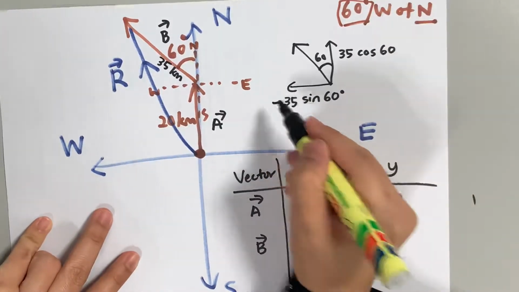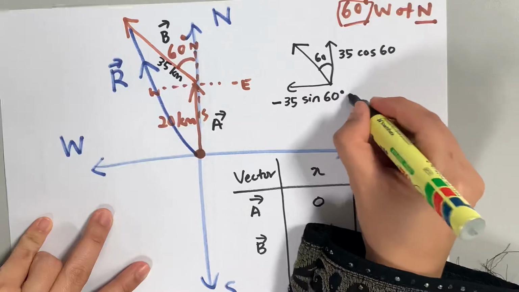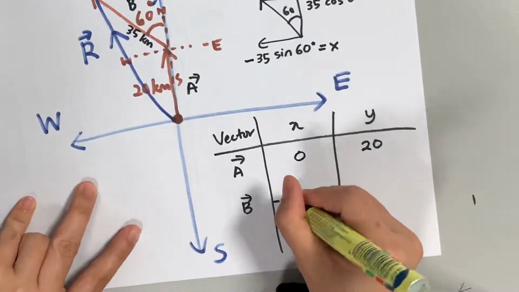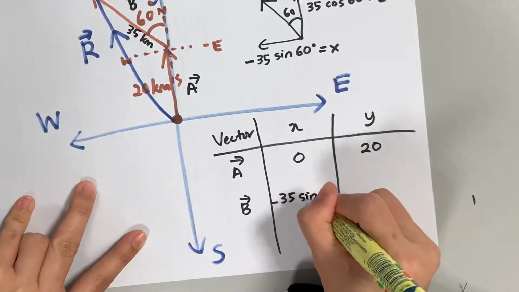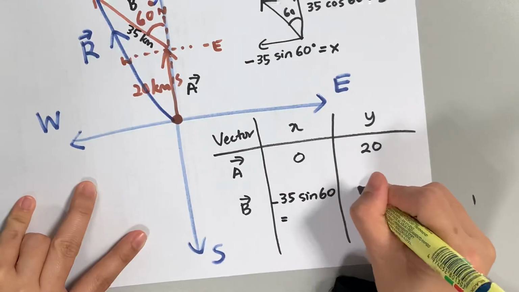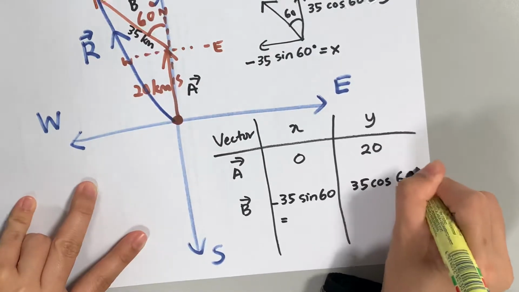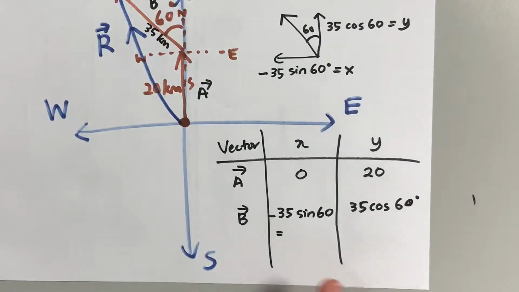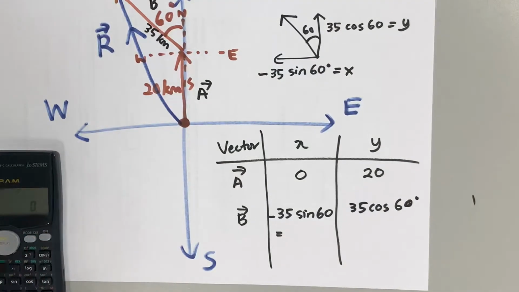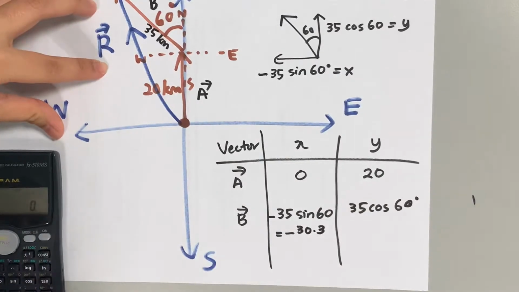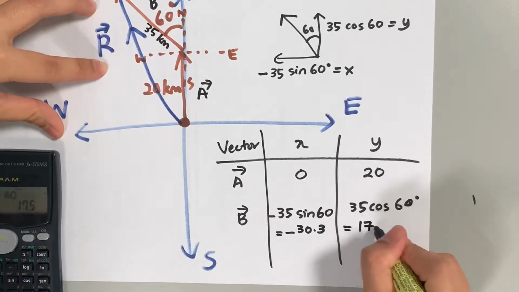One is positive, one is negative. So here is the x-axis, right? Here is the y-axis. So B is negative 35 sine 60, and for the y-axis 35 cos 60. Okay, so we calculate. 35 sine 60 is negative 30.3, and 35 cos 60 is 17.5.